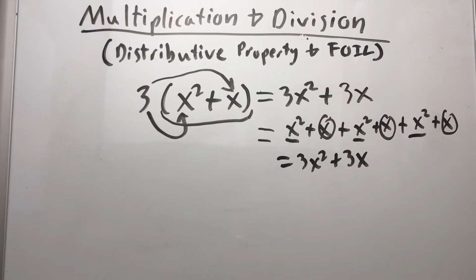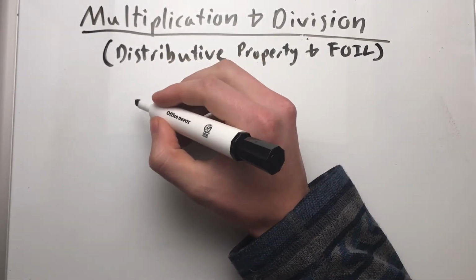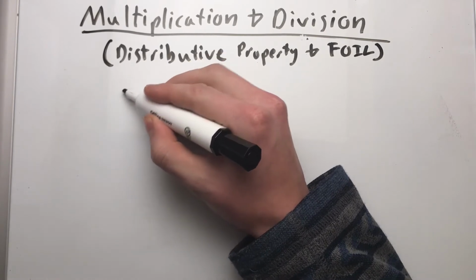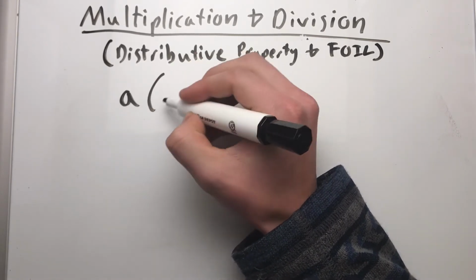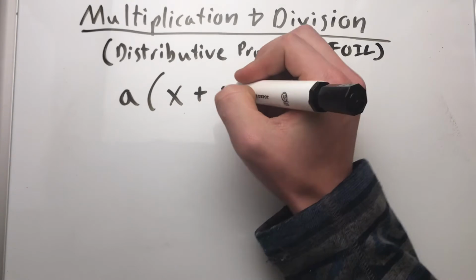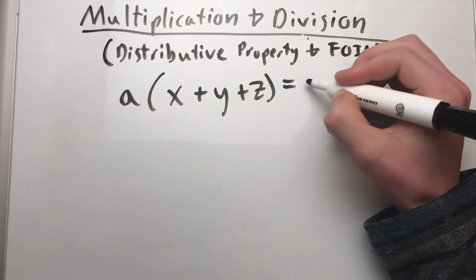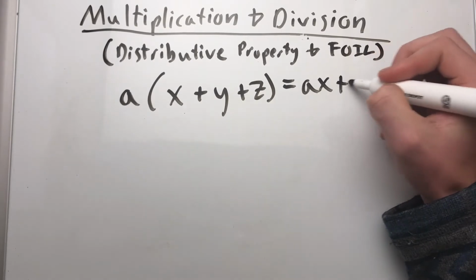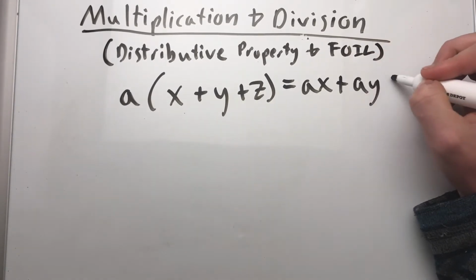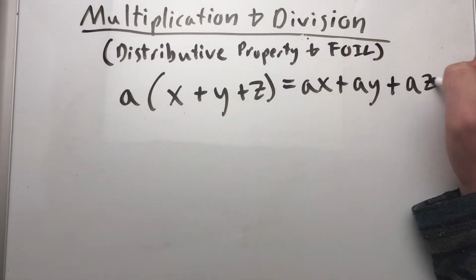And that's what makes the distributive property work. This rule of the distributive property can be generalized as a times x plus y times z equals ax plus ay plus az.